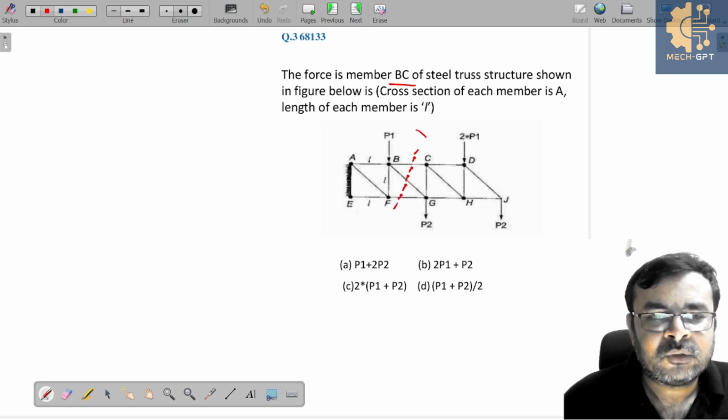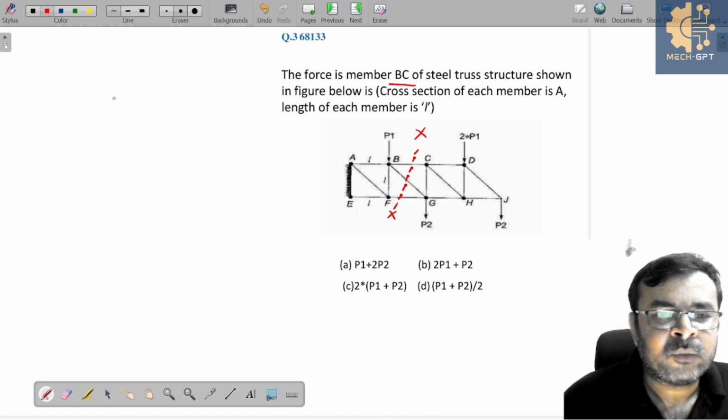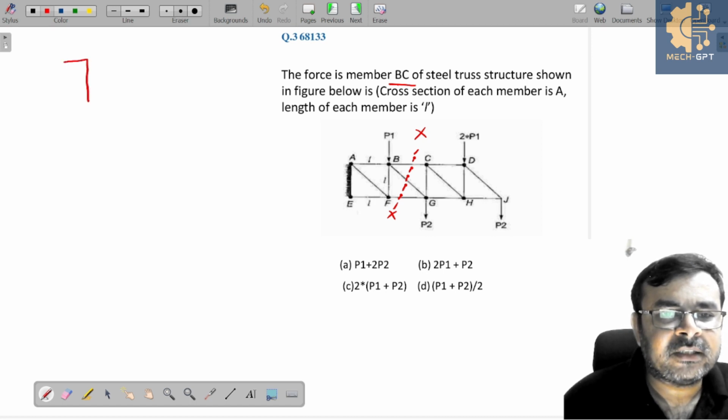Yes or no? So you just cut a section from here. After cutting this, you will get this result. Is it clear? It is looking like this.